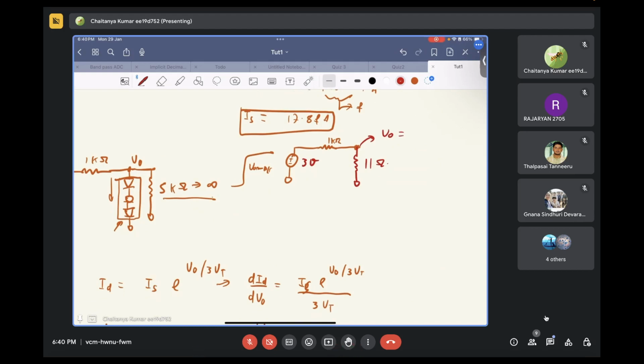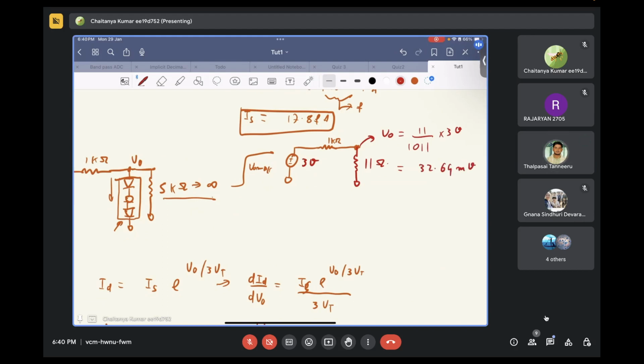It is a simple voltage divider, 11 divided by the total resistance, into 3 volts. Is it clear? It comes to 32.64 millivolts.